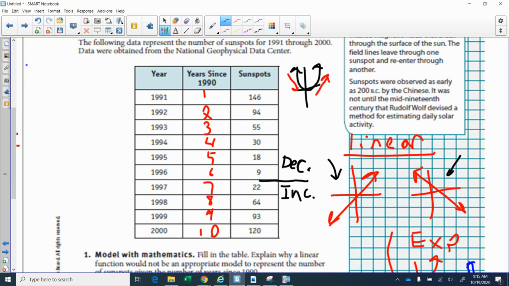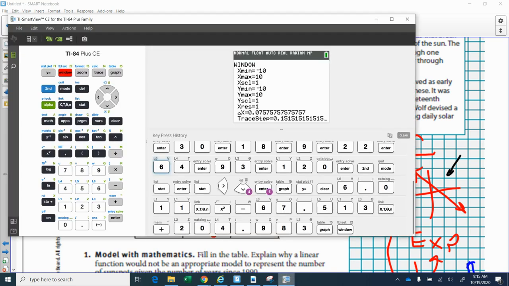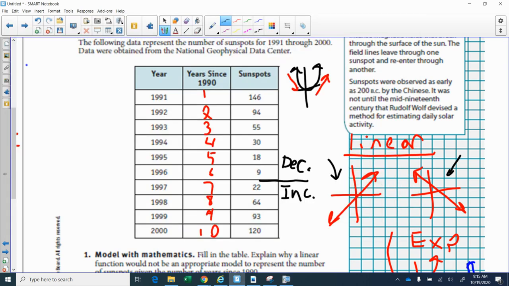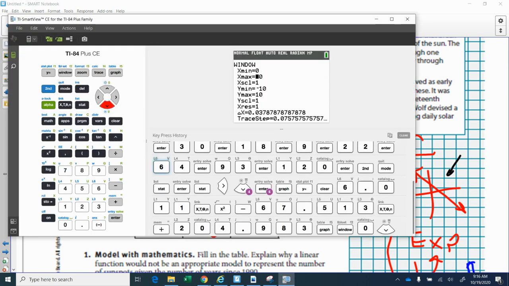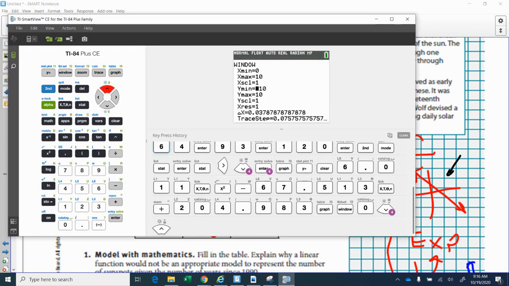X goes from 1 to 10. So for my X min, let's just go 0 to 10. Okay, that way all the coordinates from this data are going to be plotted. Next, think about my sunspots here. This is like my Y values. Okay, my lowest value is 9. My highest value is 146. So I want to be able to include all those when I'm changing my window. So for my Y min, let's just go 0 because 9 is my lowest, a number that's a little bit lower.